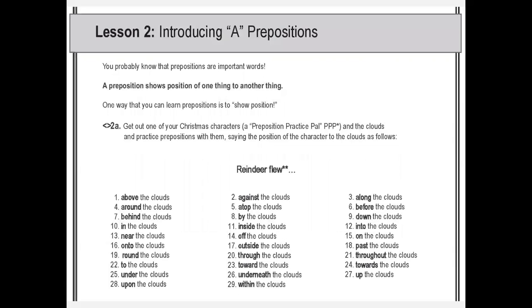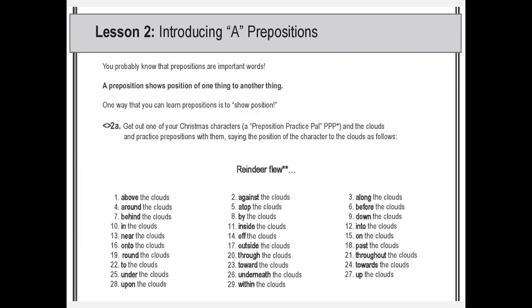All right, so then we do that same thing with the A's. We're not just learning A prepositions. Now we are learning A prepositions that work with our pal, that fit into the check sentence, that show the reason for prepositions, the position of one thing to another.